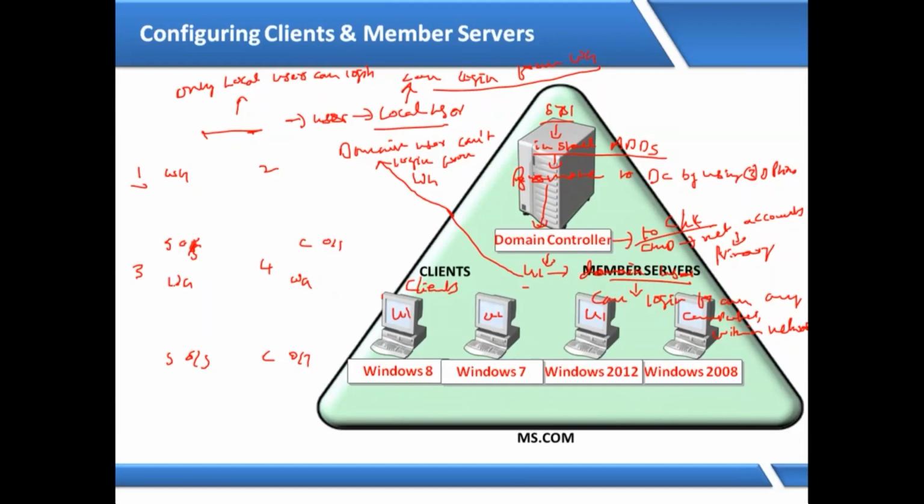So in a workgroup machine, only local users can log in, whereas domain users cannot log in. So is it clear to everyone what is the difference between client and member server?